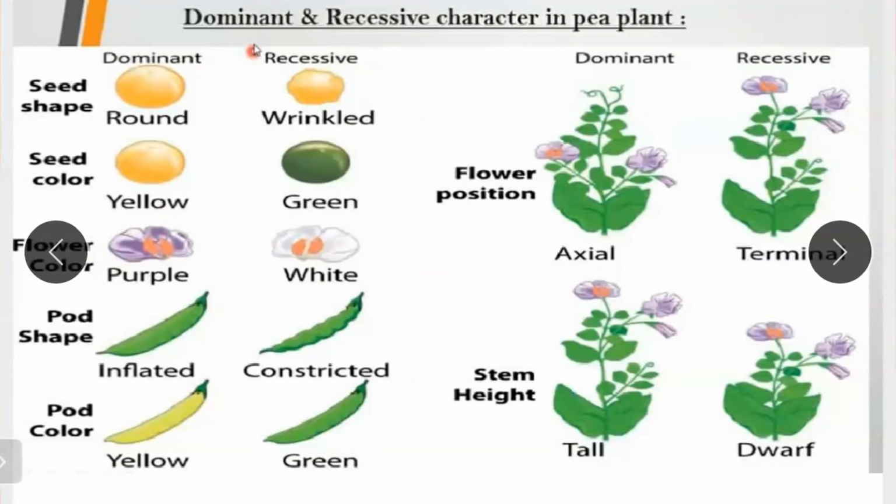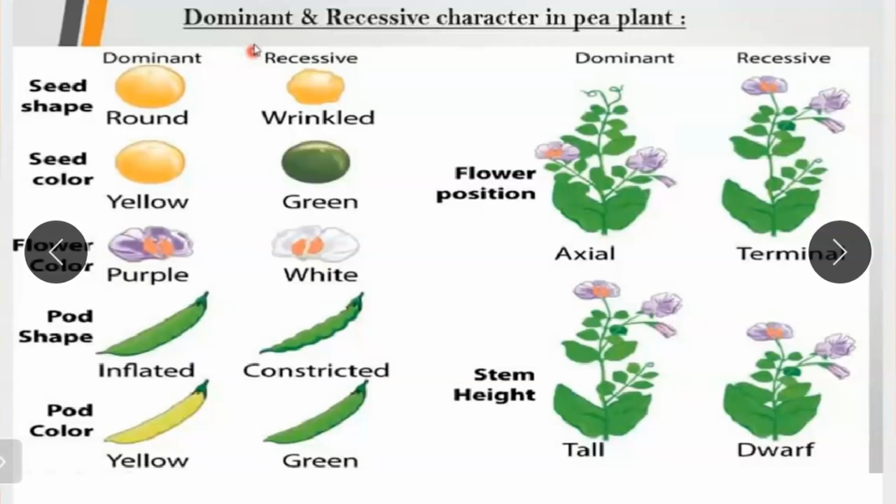Yes. Then, what is the shape of the pod? In dominant, the shape of the pod is inflated, and in recessive, it is constricted. What is the color of the pod? In dominant, the pod is yellow, and in recessive, the pod is green. What about the flower position?